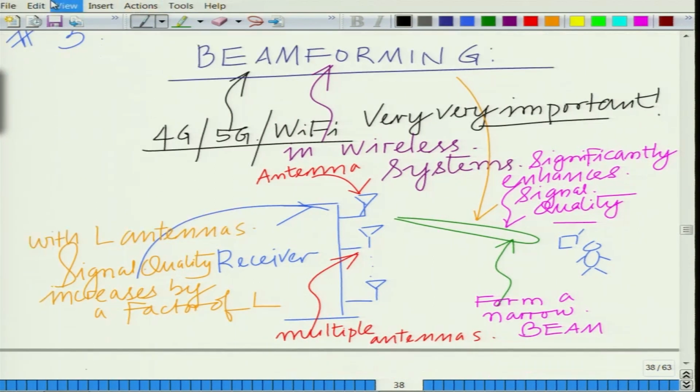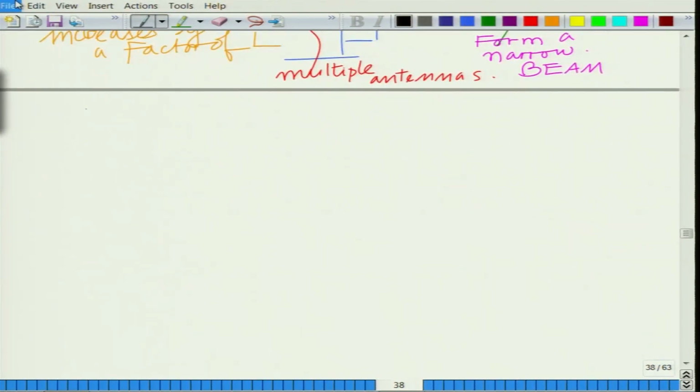Okay, excellent. So, how do we model this beamforming system? Let us look at a system, as I said, with L receive antennas. You have the L receive antennas and the mobile of the user with a single antenna.